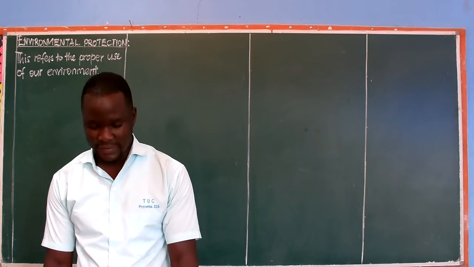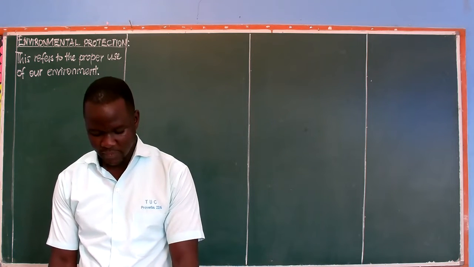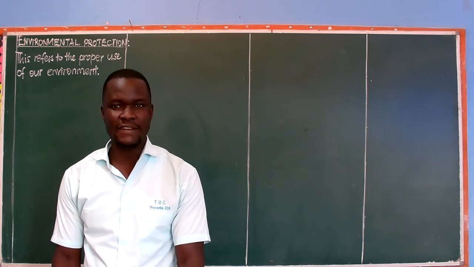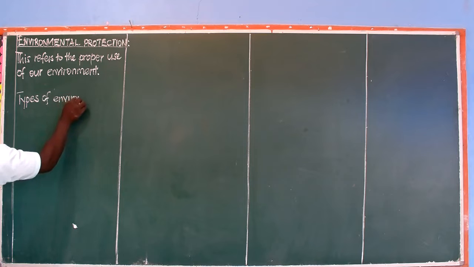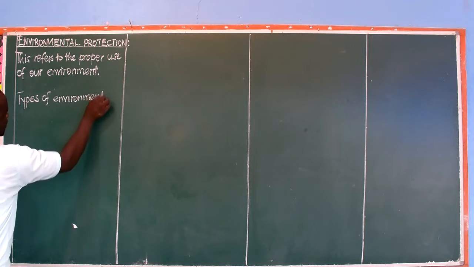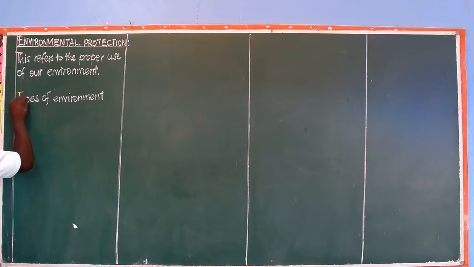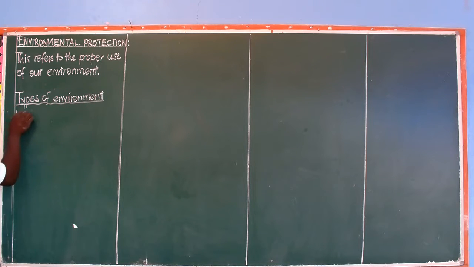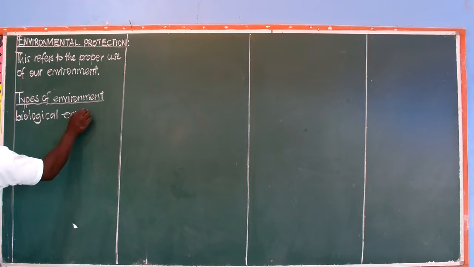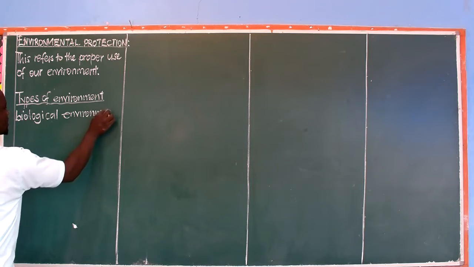The types, we have a biological environment, which deals with the living things. Types of environment. We are looking at the living environment, the biological environment.